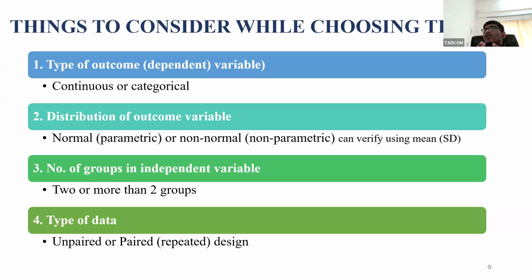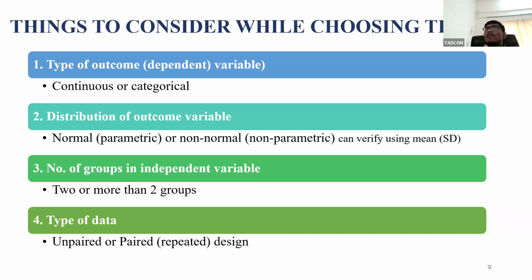Say for example, we want to study the effect of giving a newer antihypertensive drug to a population. Among the hypertensives, you want to test how their blood pressure is, whether there is an increase or a drop in blood pressure.